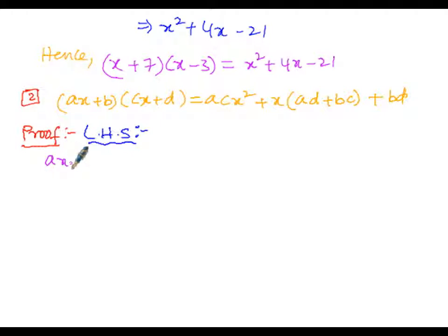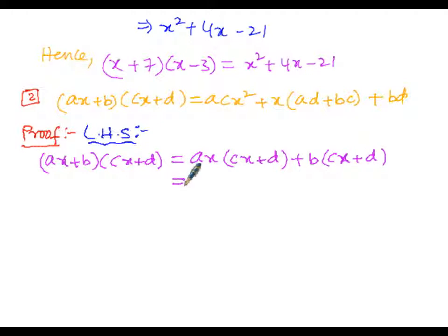That equals, in a similar manner to multiply these two polynomials, the second polynomial entirely I want to multiply with ax first of all, then the second polynomial entirely with b. That is, ax, the first term, with the entire second bracket, cx plus d, then the second term of the first polynomial, plus b, multiplying with the entire second polynomial, cx plus d.